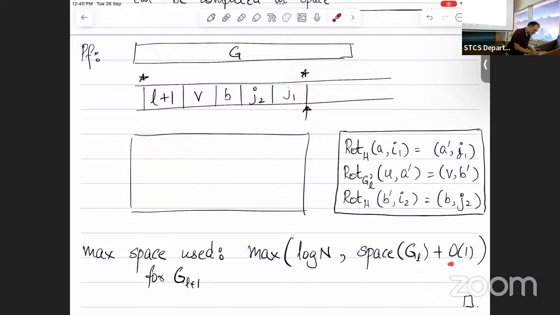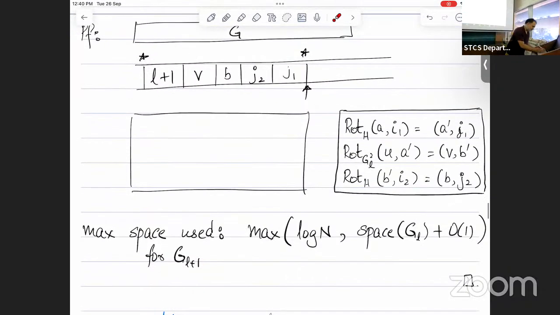And it is crucial that this order 1 is not order log n. Because if it were order log n, if you run this through, you will actually end up getting that the space used for the rotation map is actually log squared, which I can't do. Because of this, this overall is just order log n plus L.